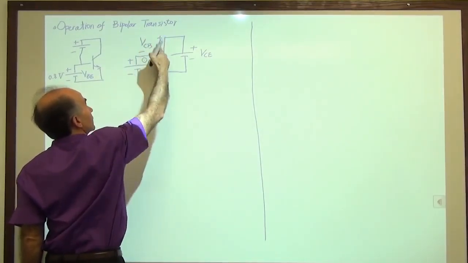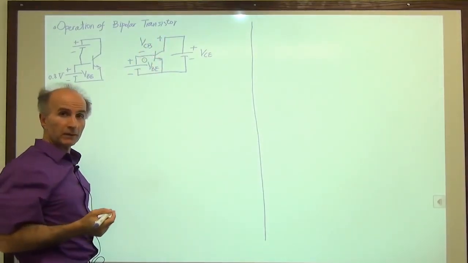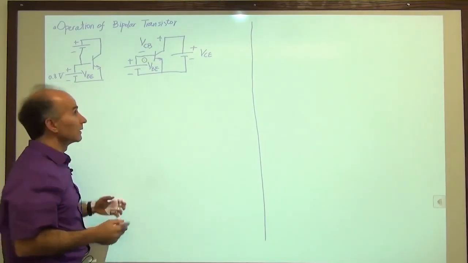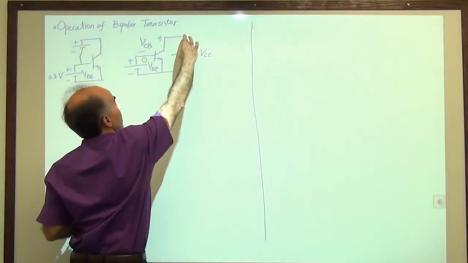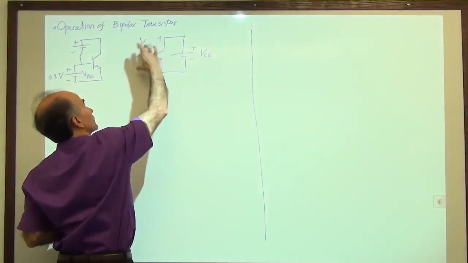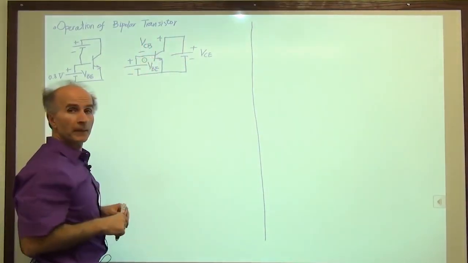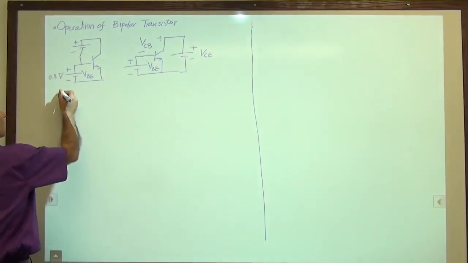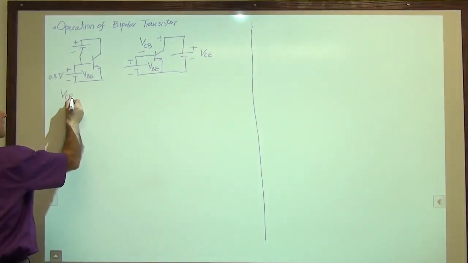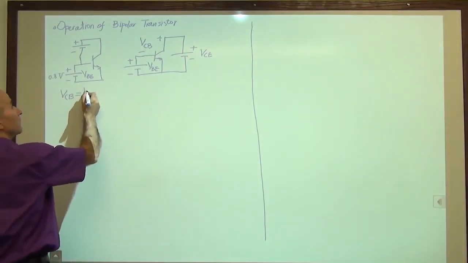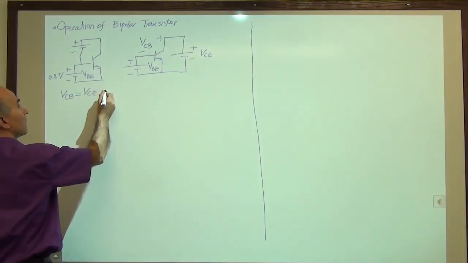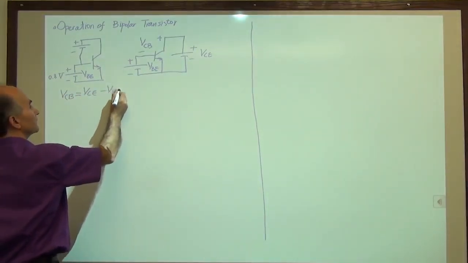VCB, collector base, can be obtained using KVL. We have VCE, this voltage, is equal to this voltage plus this voltage, right? We have a loop around. So we can say that VCB is equal to VCE minus VBE.